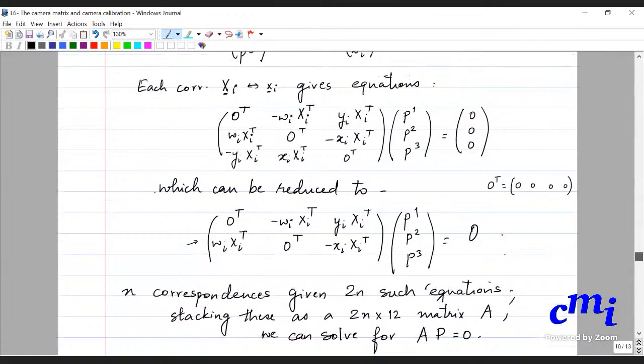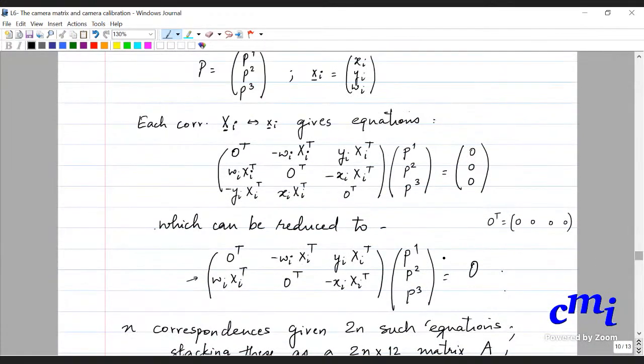But how many parameters do we have in this P? This is a 3 by 4 matrix and it has all the intrinsic and extrinsic parameters. So how many parameters does this P have? 11, right? We saw there are 11 parameters or 11 degrees of freedom.